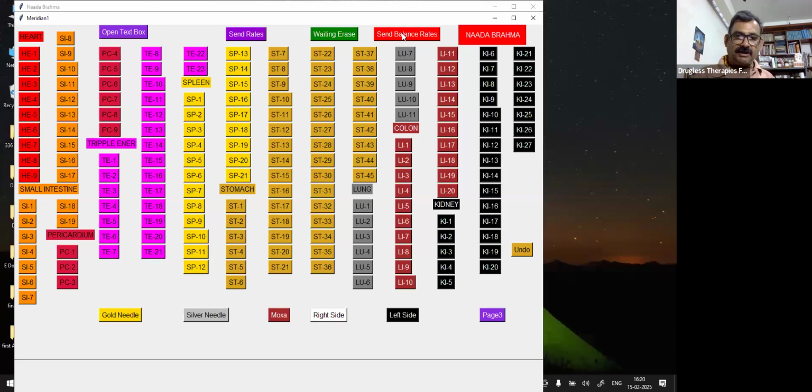Either we can make a remedy out of this. Okay, now we are talking about how practically we can make the remedy from Lungs 11. It is used for pneumonia, sore throat, cough and this one.